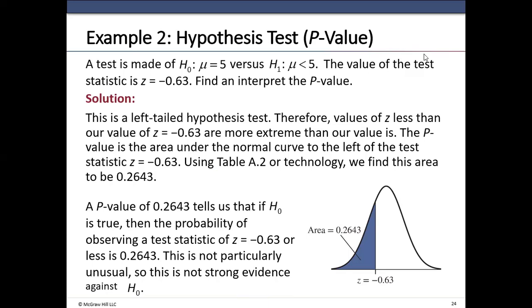Notice this p-value is much greater than the usually selected value of alpha, the level of significance, 0.05. P is greater than alpha, therefore the decision is do not reject H0, and we state at alpha equal to 0.05, there is not enough evidence to support the alternate hypothesis, mu less than 5.